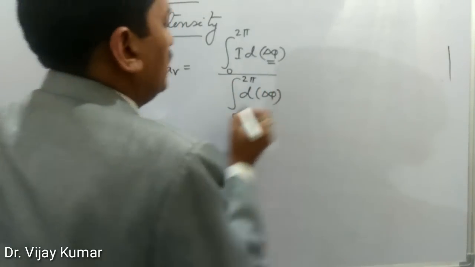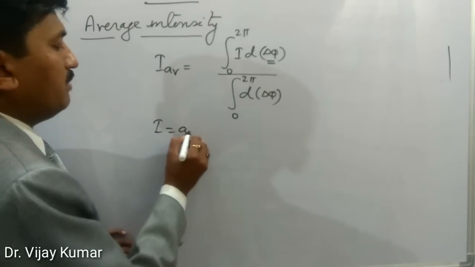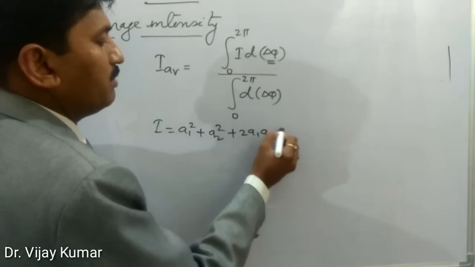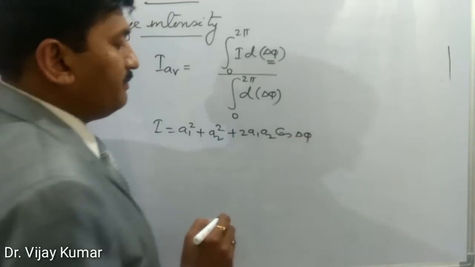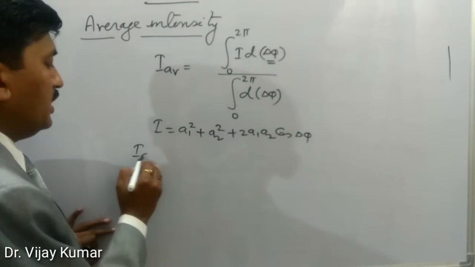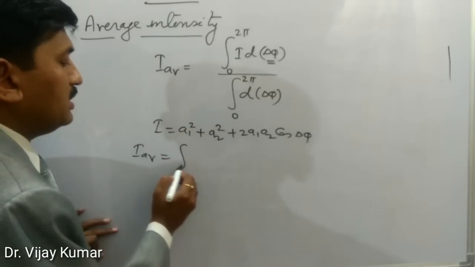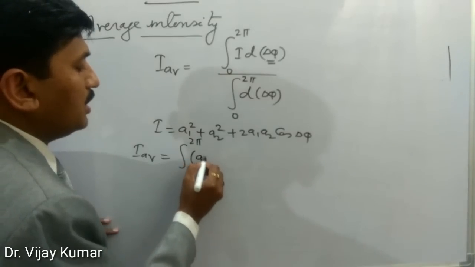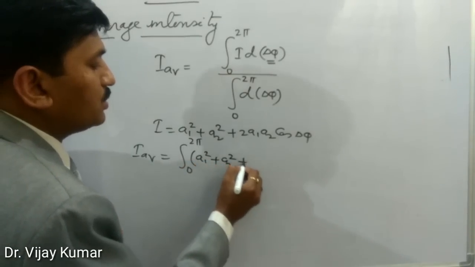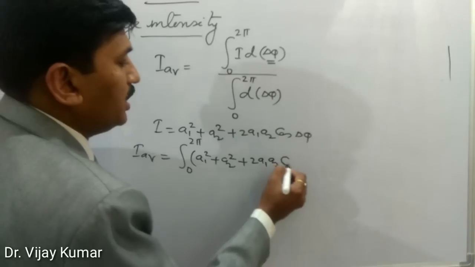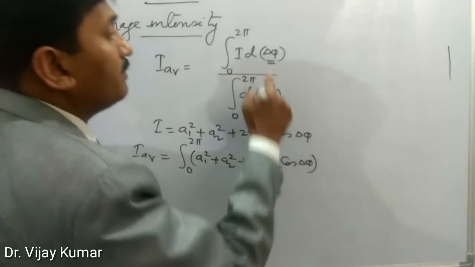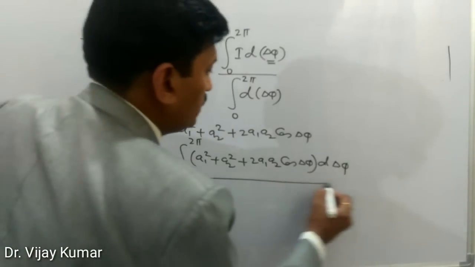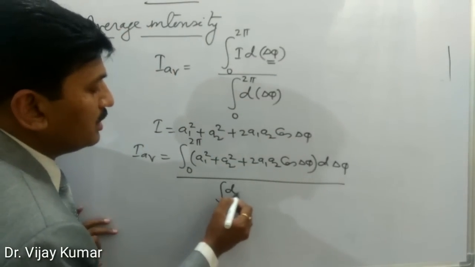And we know that I is a1 square plus a2 square plus 2a1 a2 cos delta phi, so the average intensity is the integration from 0 to 2 pi of (a1 square plus a2 square plus 2a1 a2 cos delta phi) d delta phi upon the integration of d delta phi, limit 0 to 2 pi.